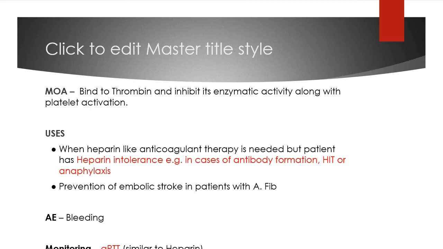They are used in heparin intolerance, for example, in cases like antibody formation, heparin-induced thrombocytopenia, or anaphylaxis. They are also used in prevention of embolic stroke in patients with atrial fibrillation. Their adverse effect is bleeding, and they are monitored by APTT.